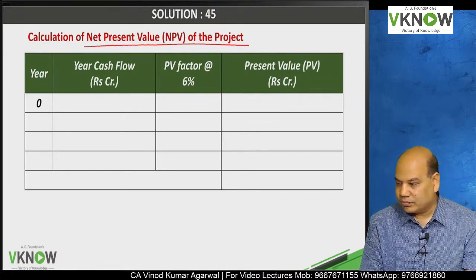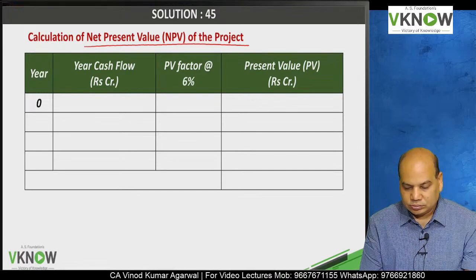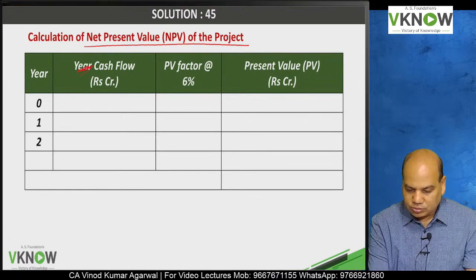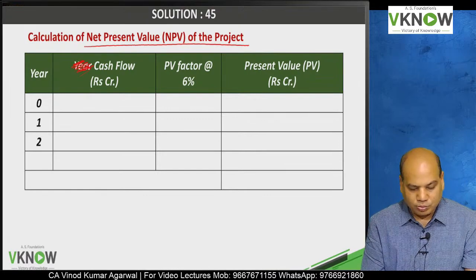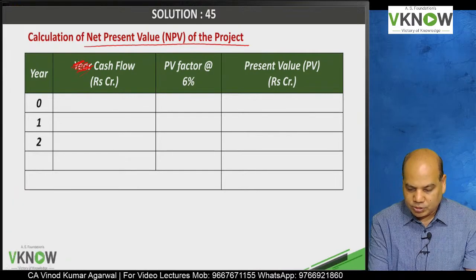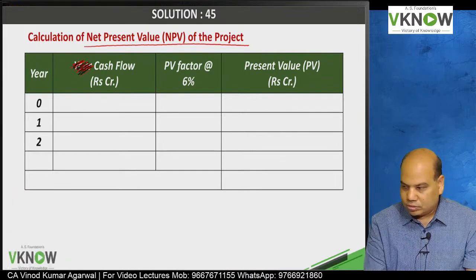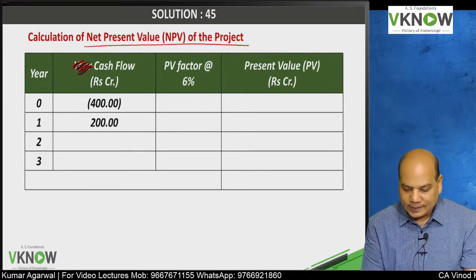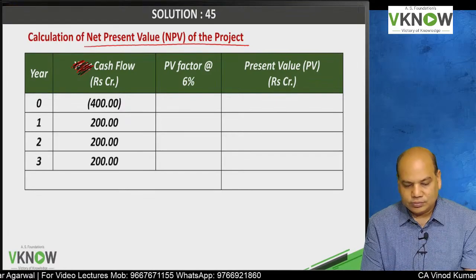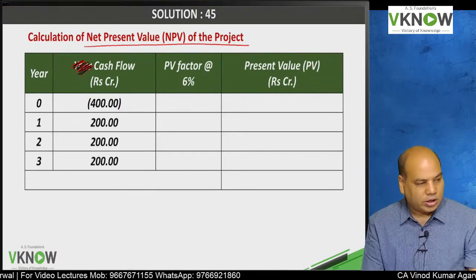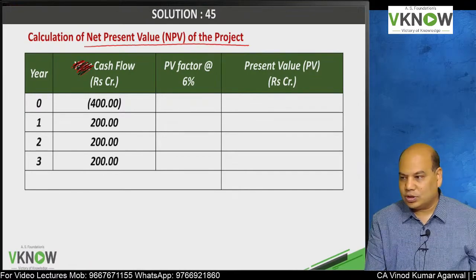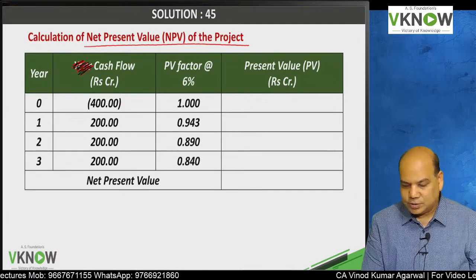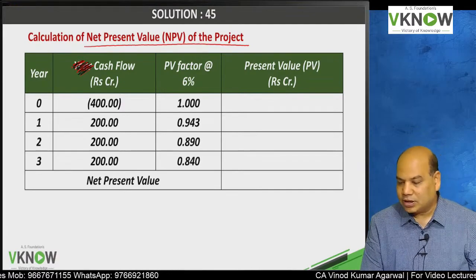So write down please year 0, cash flow, rupees in crore. Very good, Divya. So cash flow is 400, and then your annual inflow is 200. Write down the factor at 6%.